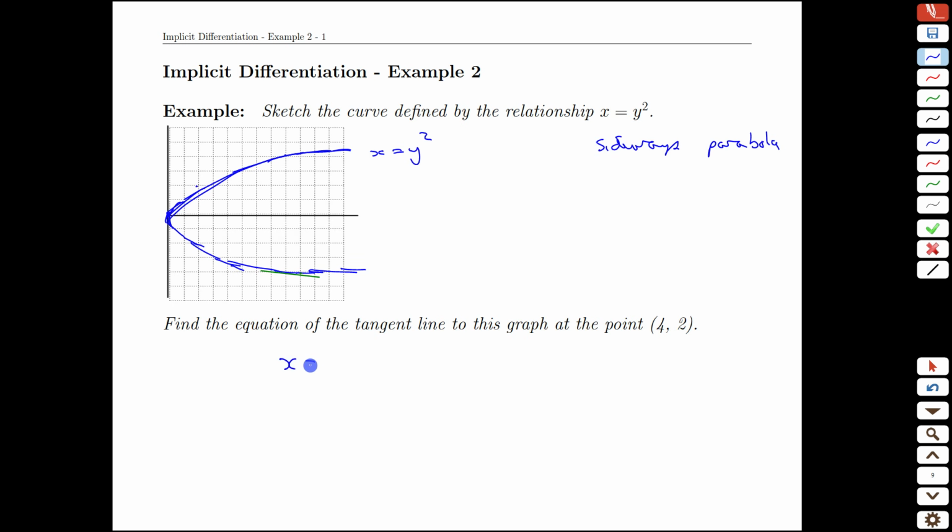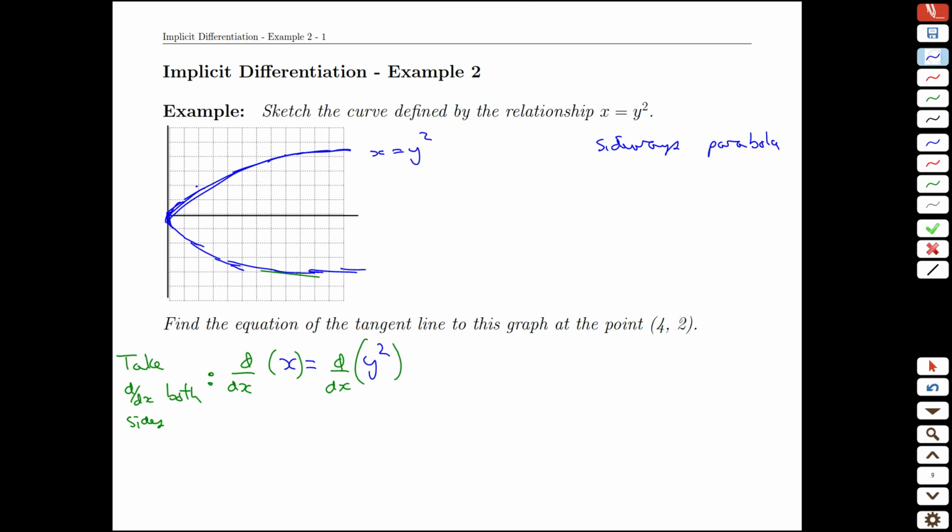We start with our relationship. This is a relationship that's always true, and if that's the case, then its rate of change with respect to x on the left-hand side and the right-hand side should also be equal. So I usually phrase this as take the x derivative, or take d/dx, of both sides.